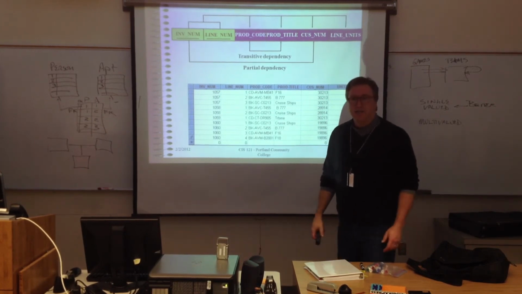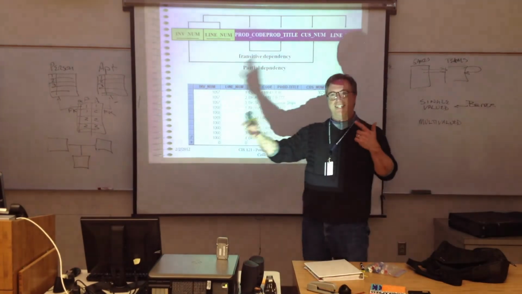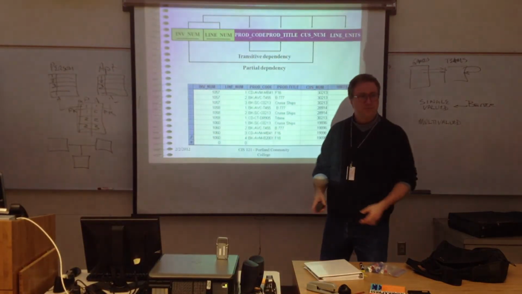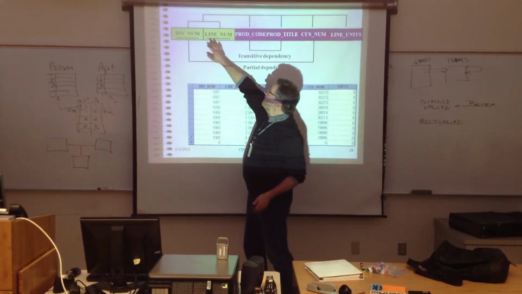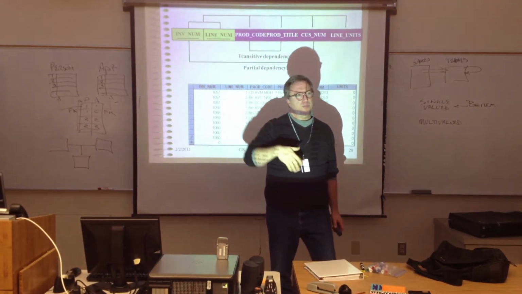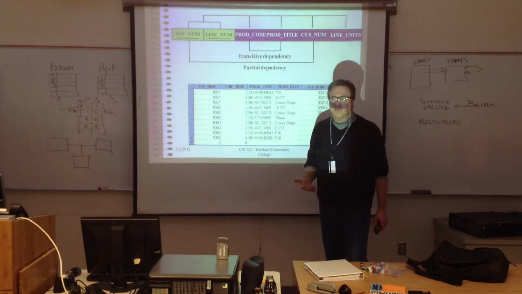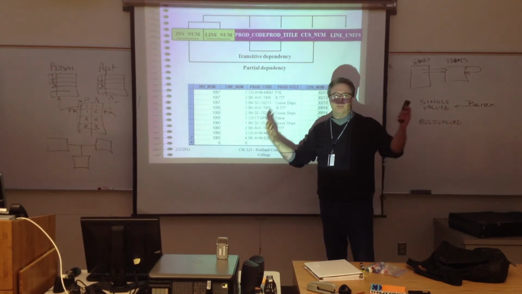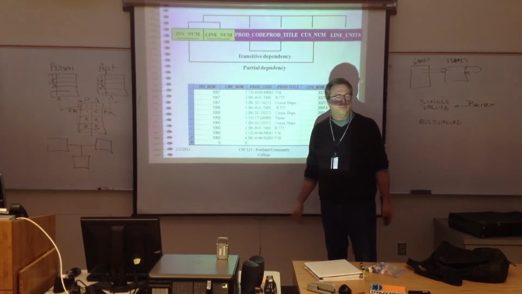A lot of times in computer diagrams you have to take the arrow backwards. So when I say this guy depends on that guy, I'm following the arrow backwards. Don't ask me why this is true. There's probably some mathematical reason for it.